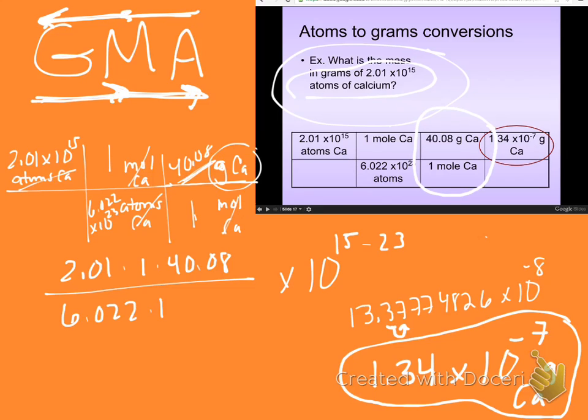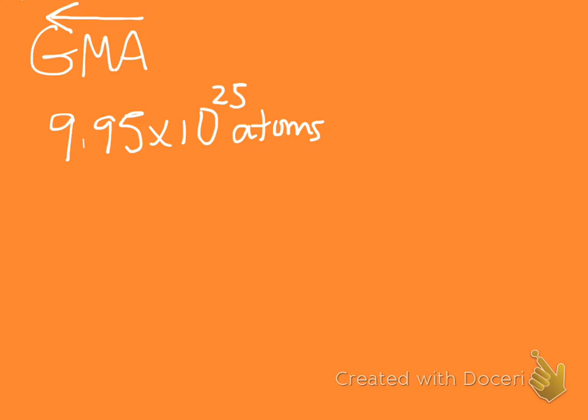Okay. Do you want to do one more two-stepper together, and then I'll turn you loose to work on the practice? Okay. So I'm going to hand you a sample, and I'm going to tell you that there are 9.95 times 10 to the 25th atoms of, oh, well, that's just silly, iron.